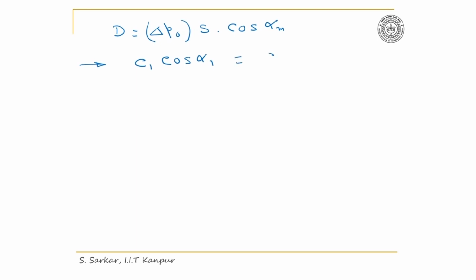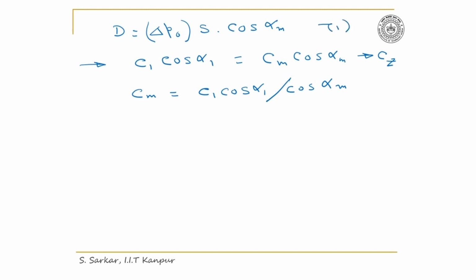That's also equal to Cm into cos alpha m. So this is nothing but Cz. Thus, from this expression, I can calculate Cm equal to C1 cos alpha 1 divided by cos alpha m. So this might be equation number 1. This may be equation number 2.